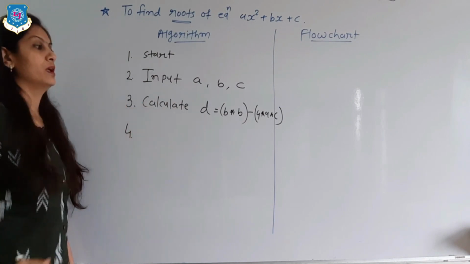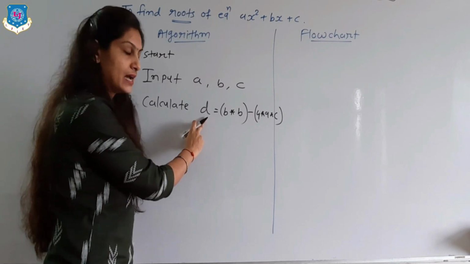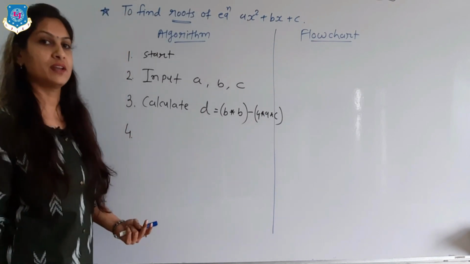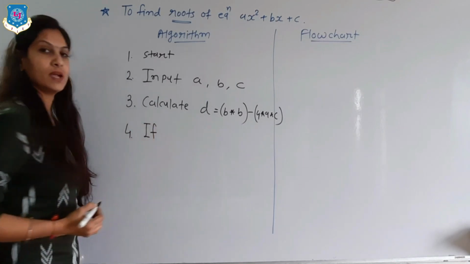Now fourth step, according to the condition, according to the value of delta, we have two options, it is greater than or less than. So it is nothing but our if statement.